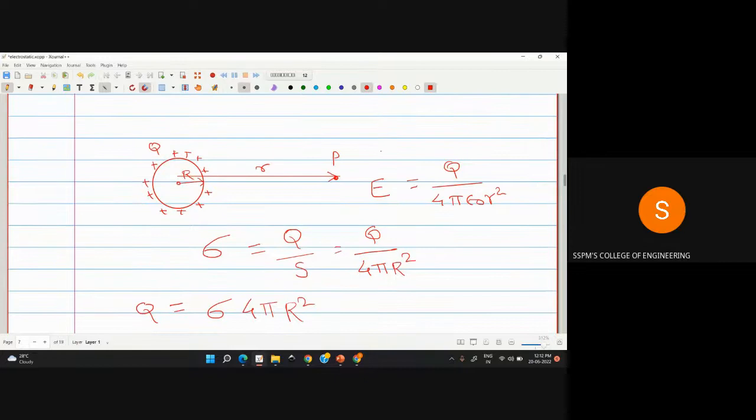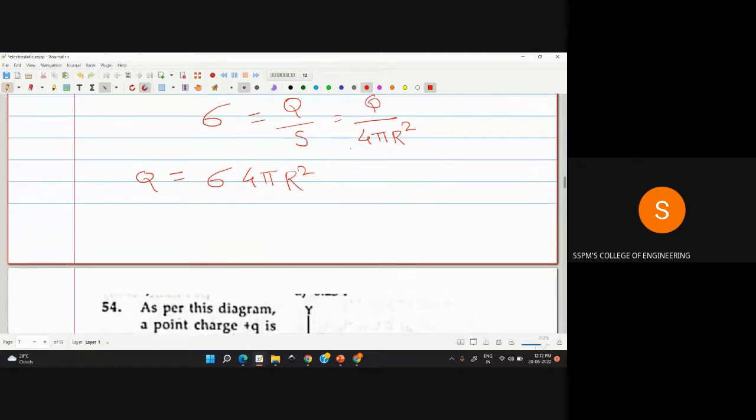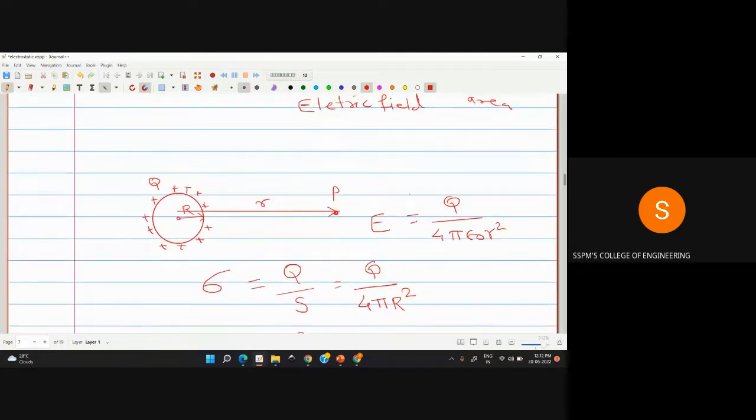Now we can represent the electric field in terms of surface charge density. The electric field is E equal to Q divided by 4 pi epsilon 0 r square, where Q is replaced by sigma 4 pi R square.